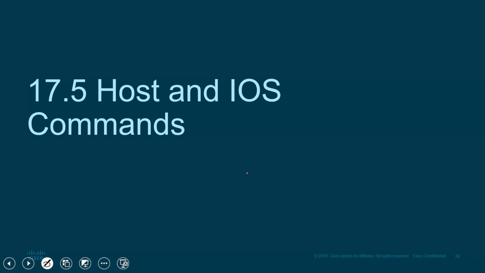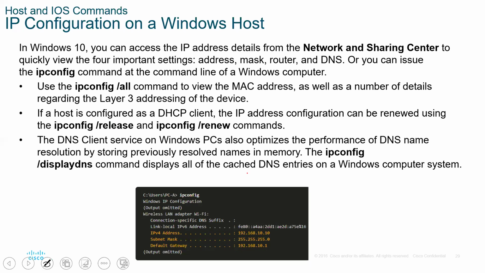Host and IOS commands. Now, IP configuration on a Windows host. Basically, you need to know how to check your details. If you use the ipconfig command, it will bring out your IP address, subnet mask, and default gateway. If you use ipconfig /all, you're going to get some other details as well, including your DNS, your DHCP, your lease time, and so on.